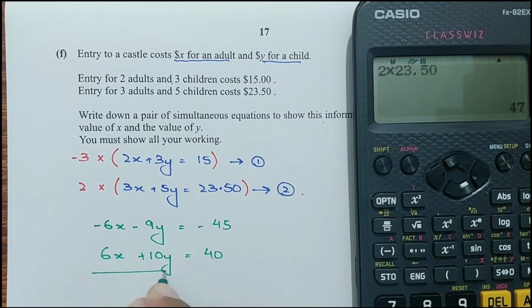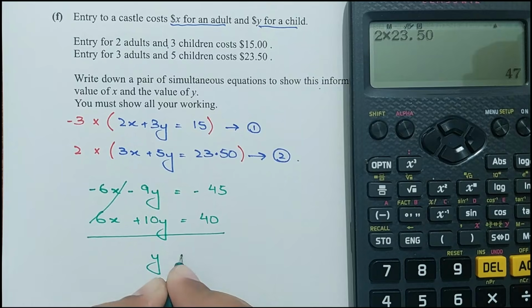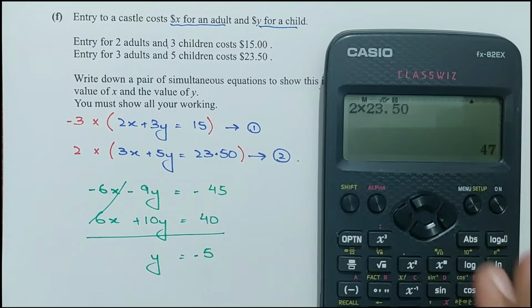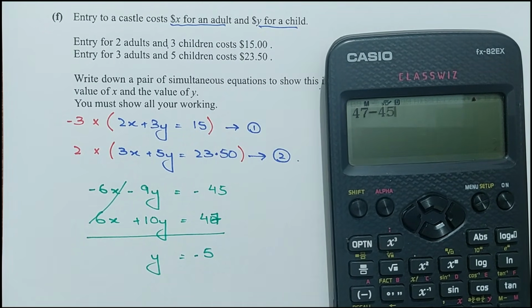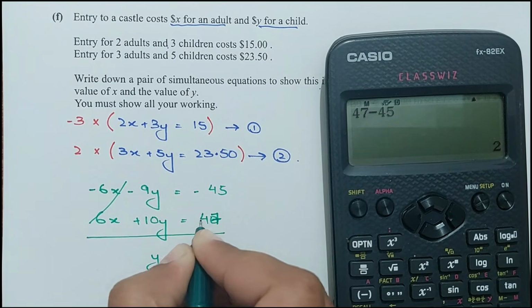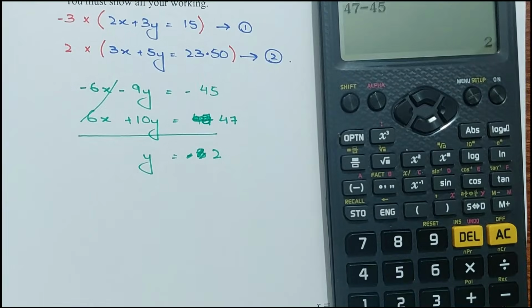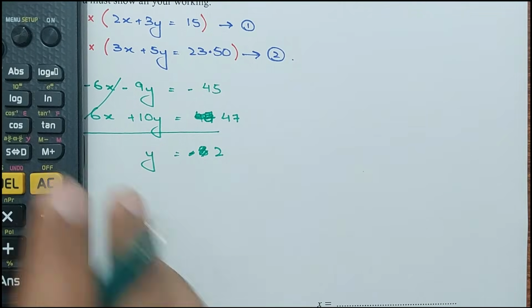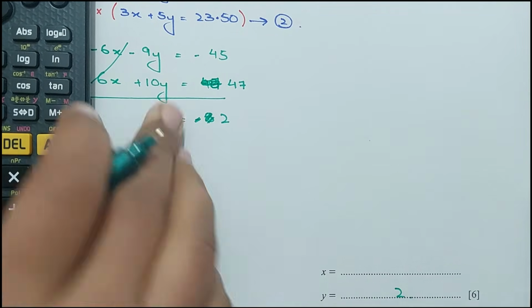Now let's add them up to get rid of x, right? So this is just y. 47 take away 45 is 2. So y, the cost of a child ticket, is $2, right?